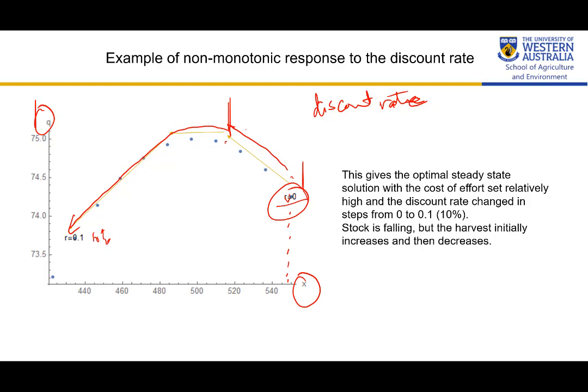So in this case, we get a monotonic response of the stock to the discount rate, in that as the discount rate increases from 0 to 10%, the stock is falling, but we get a non-monotonic response of the harvest, in that initially the harvest rate is increasing and then it's falling.